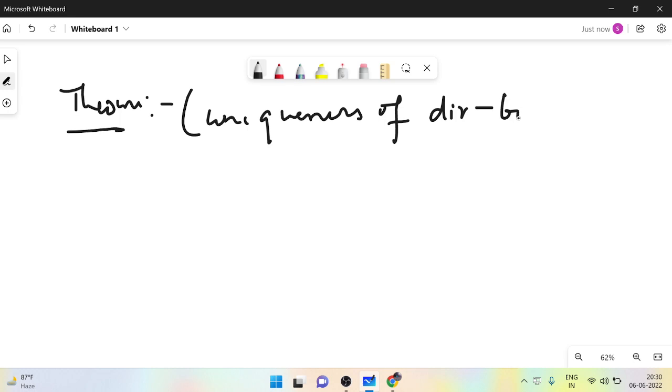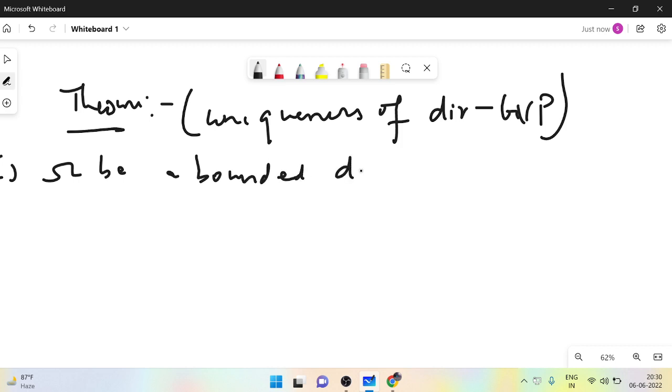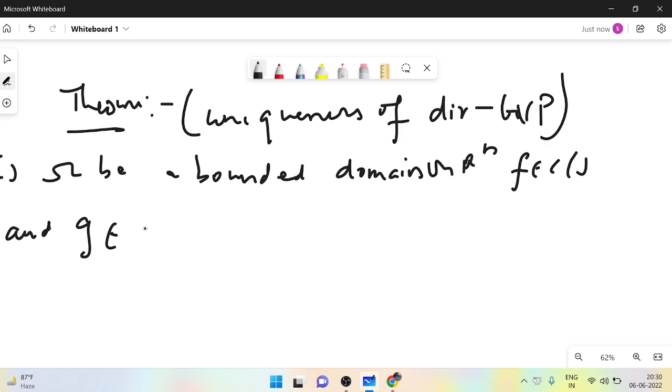Let omega be a bounded domain in Rn, and f belongs to C of omega, and g belongs to continuous functions on the boundary of omega.